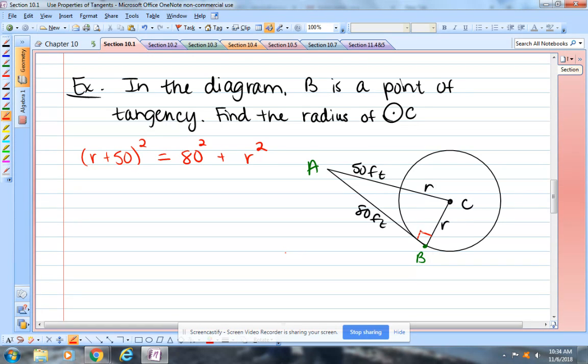Okay? So this R plus 50 squared means R plus 50 times R plus 50. Do y'all see that? I'm going to write it on my screen for my YouTubers, all my followers in the house.